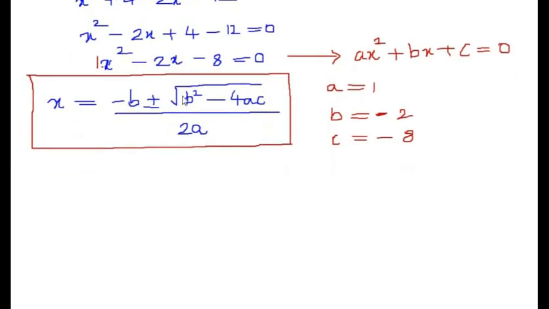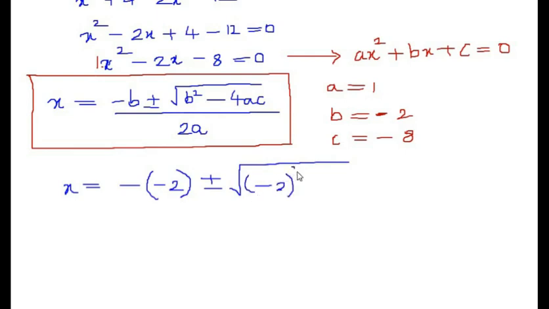Now once we have the values of a, b and c, we are going to substitute them in this quadratic formula and write it as x equals minus the value of b, which is minus 2, plus or minus the square root of (minus 2) squared minus 4 times a, which is 1, times c, which is minus 8.